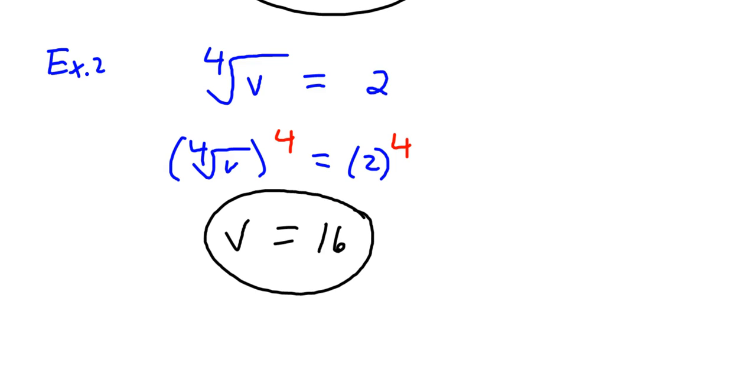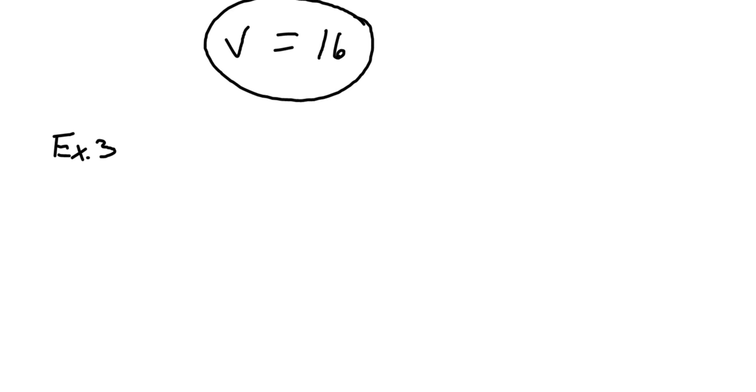Now, there's only one other thing they can do for this type of problem. Say they give you the sixth root of x equals -1.